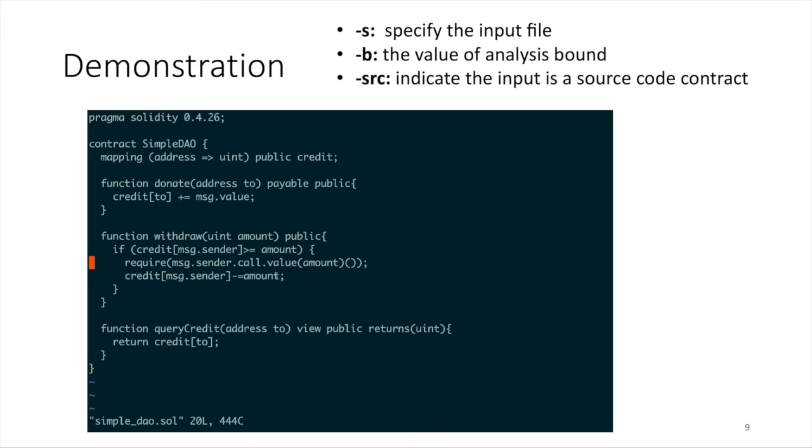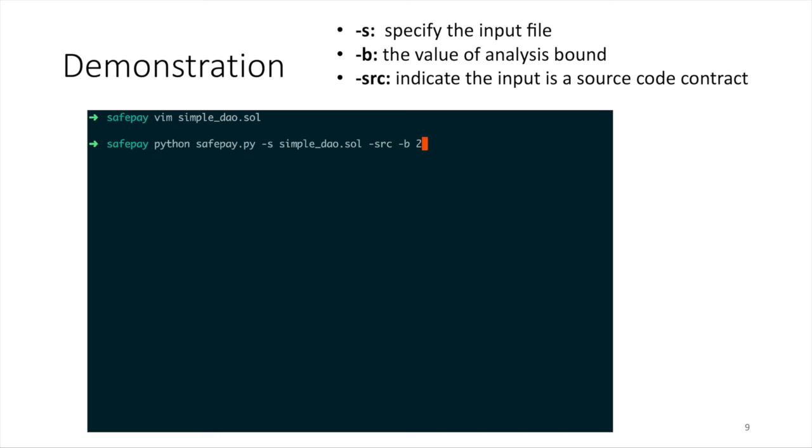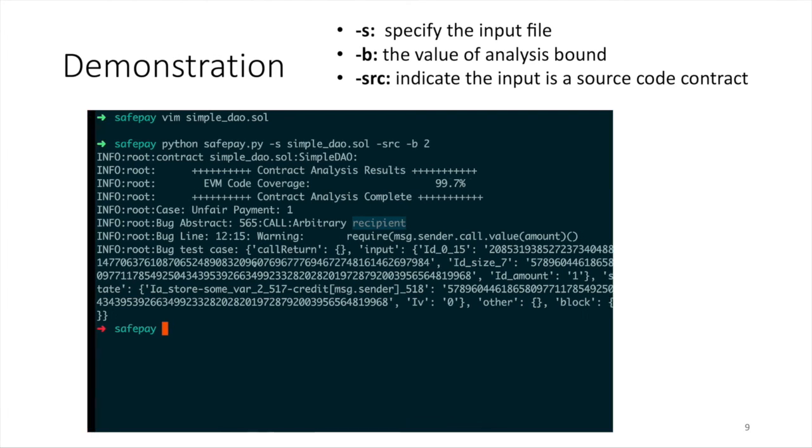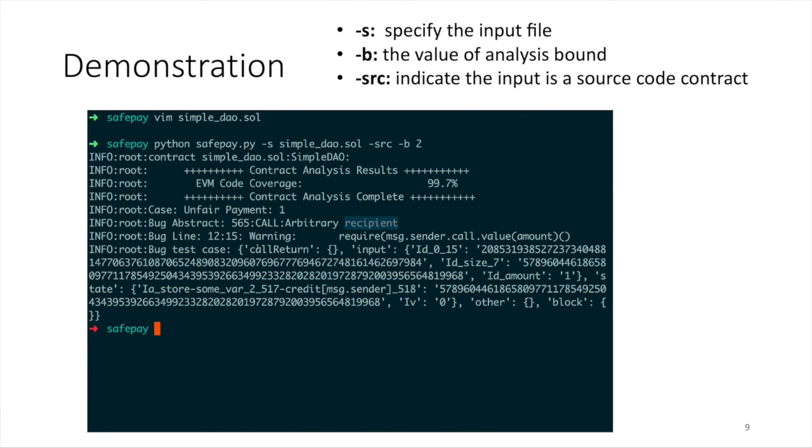Next, we use SAFEPAY to analyze it. SAFEPAY successfully detects that the payment in line 12 is unfair, and the report also gives a further explanation. The recipient is arbitrary, which means that the user could fix the bug by adding a restriction on the caller.